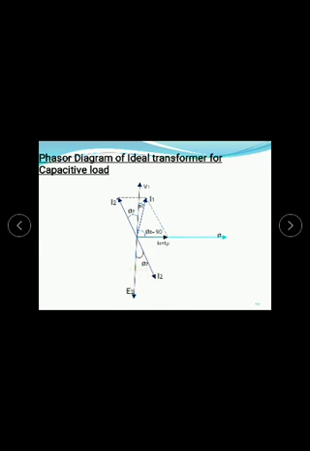In general, in 99% of applications only inductive load is used, not capacitive load. This is the phasor diagram for capacitive load.